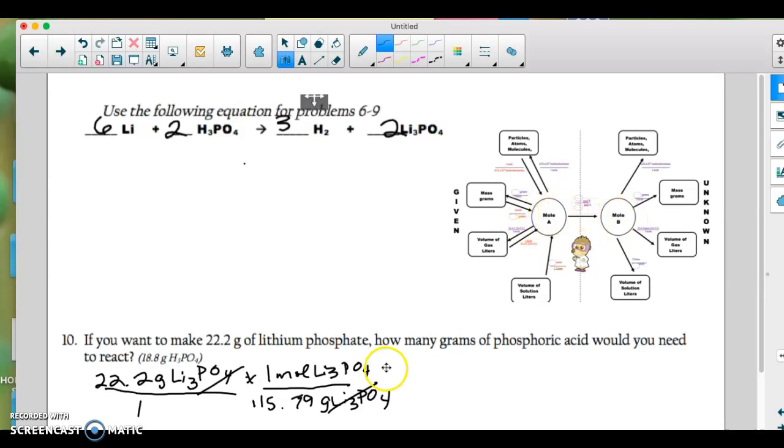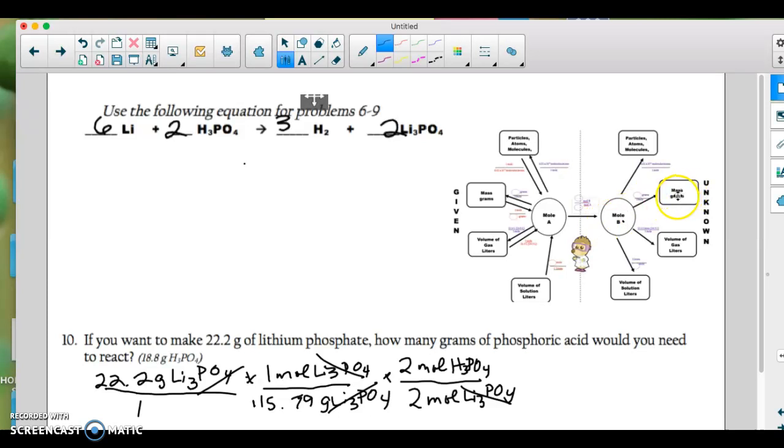Then I'm going to do my mole and convert it over to phosphoric. Phosphoric, there's 2 moles of phosphoric for every, which one am I on? 2 moles of lithium phosphate. So I'm right here.